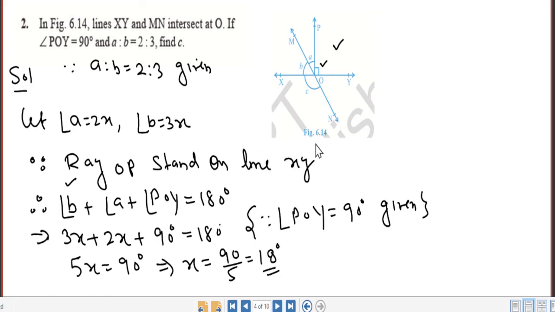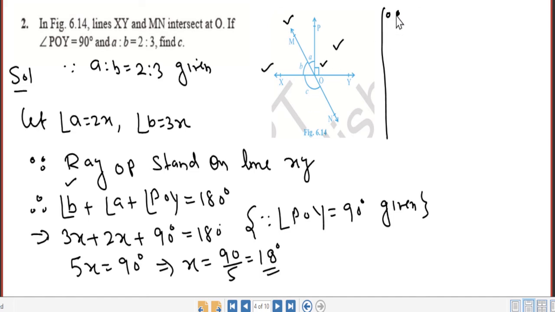Okay, now we have to find the angle C. To find the angle C, say this. This is a straight line, and this ray OX stands on it. So angle B plus angle C is equal to what? 180 degree.